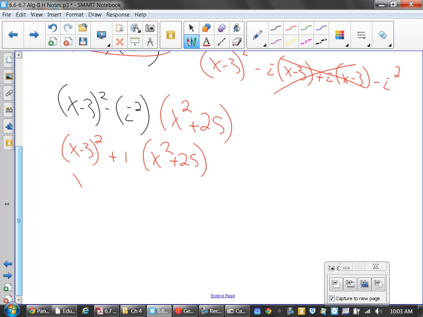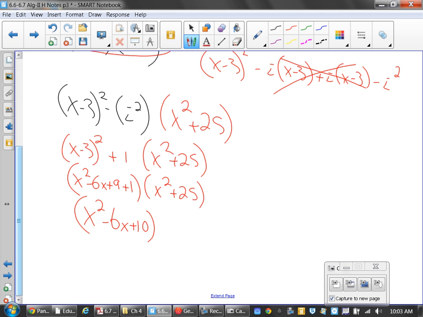This becomes x squared minus 6x plus 9 plus 1, FOILing out that first part. We'll do another one with different numbers here in a second. Then you wind up with x squared minus 6x plus 10 times x squared plus 25.